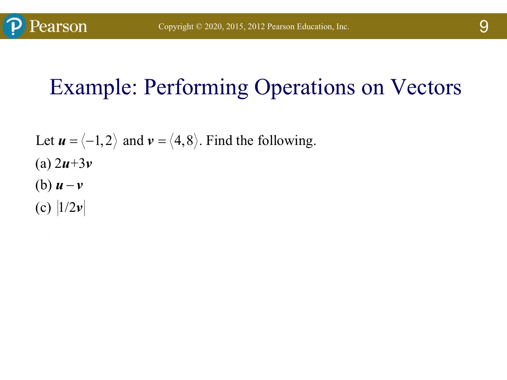So just for practicing some of those operations, 2u plus 3v means I'm going to have the scalar multiplication on u, so 2 times -1, 2, plus the scalar multiplication on v. So that would give me -2, 4, plus 12, 24.